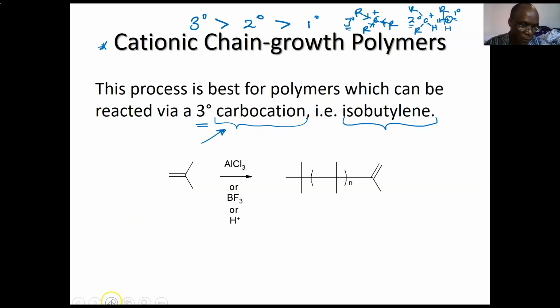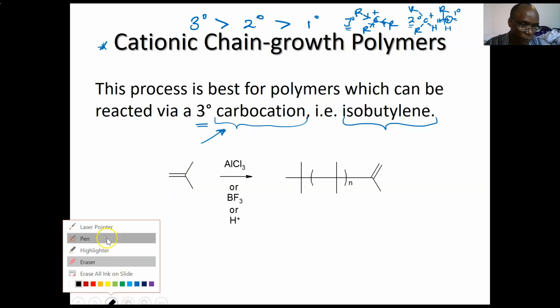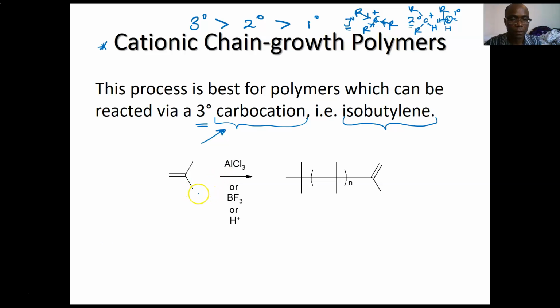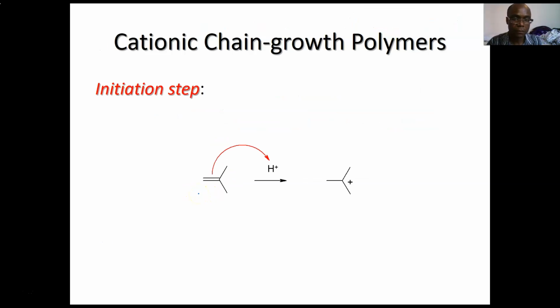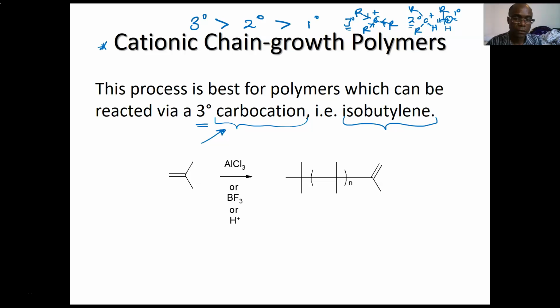But let's talk about the carbocation. You see, you have a carbon here, a carbon, a carbon, a carbon, 4 carbons. So it's butyl, but you have a double bond, so butylene. But again, the whole structure is isomeric.